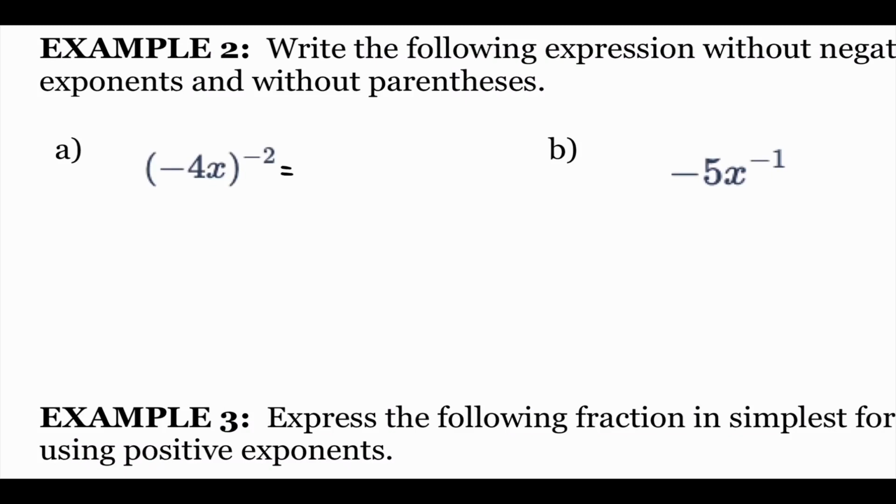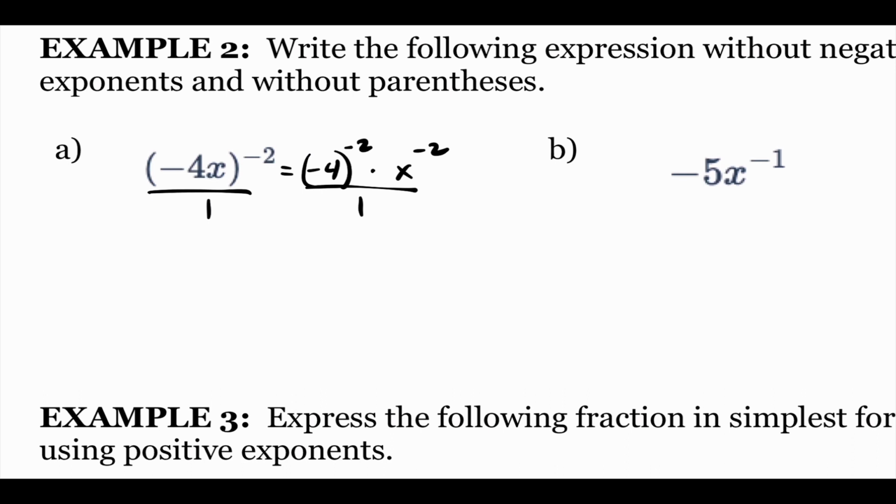Okay, so I'm going to give them both that power. So -4 is going to get a -2 power. X is going to get a -2 power. What's on bottom? 1. I'm going to need a bottom on this one, right?